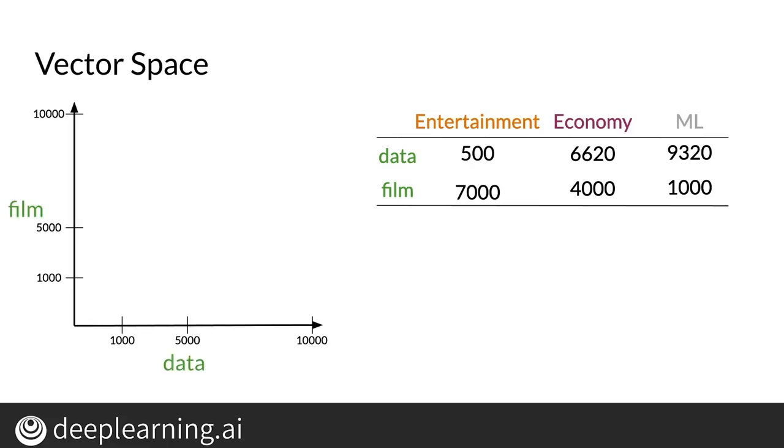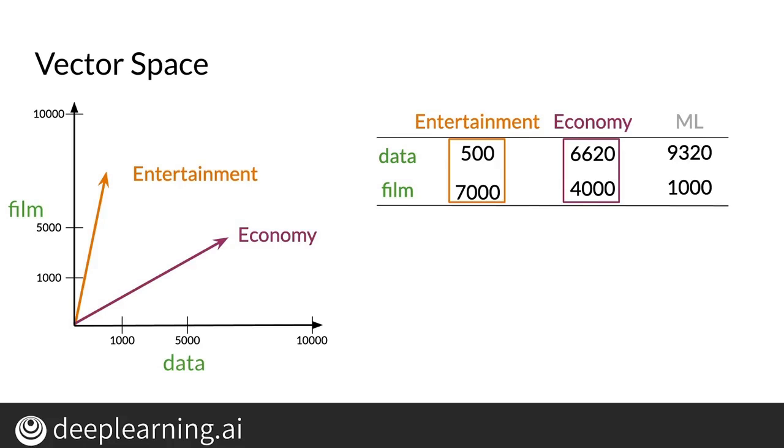So the vector space will have two dimensions, the number of times that the words data and film appear on the type of document. For the entertainment corpus, you'd have the following vector representation. This one for the economy category, and that for the machine learning category. Note that in this space, it is easy to see that the economy and machine learning documents are much more similar than they are to the entertainment category.